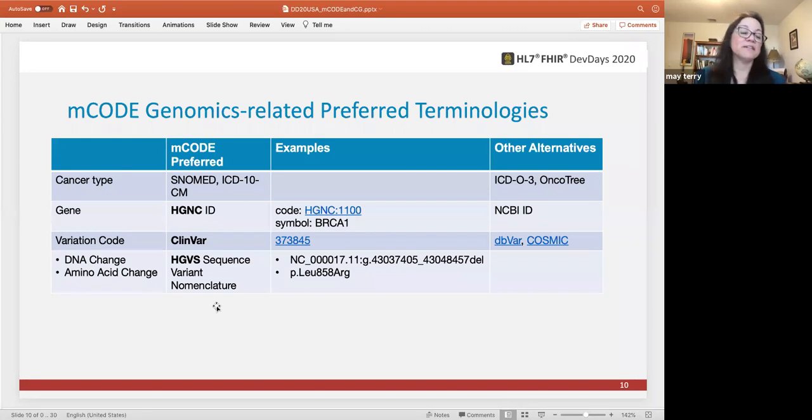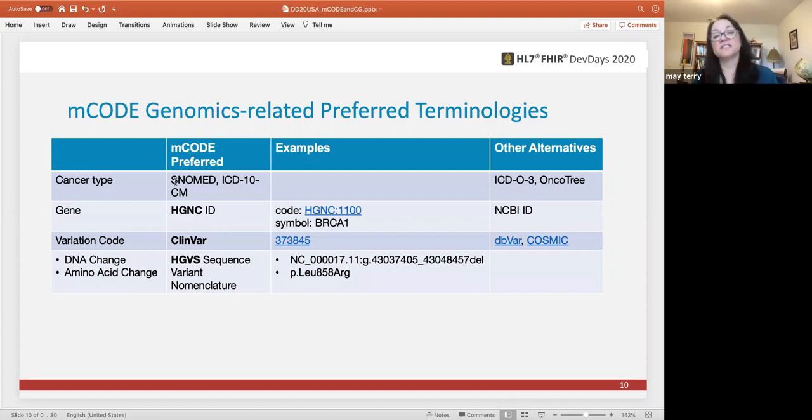So as an example, you'll see here at the top, there is a cancer type where mCODE, because a lot of it is based on US core, has a strong preference to SNOMED and ICD-10-CM. However, there are other alternatives, say in the case of a cancer registry, where the preferred terminology could be ICD-O-3, as in the case of FHIR.